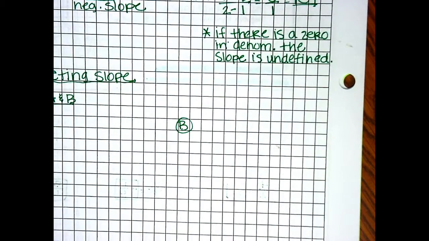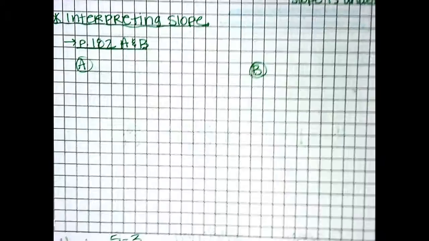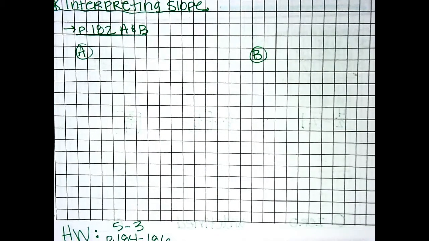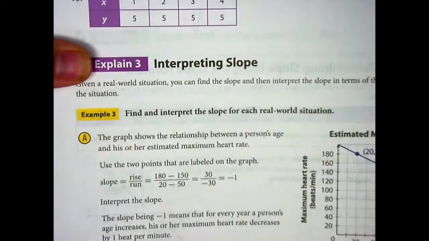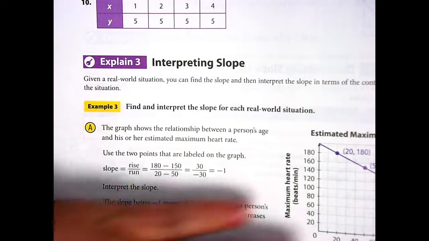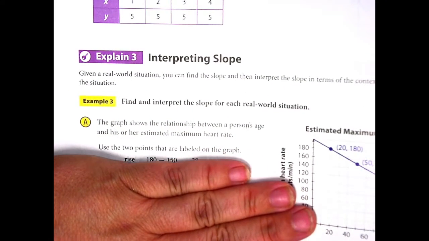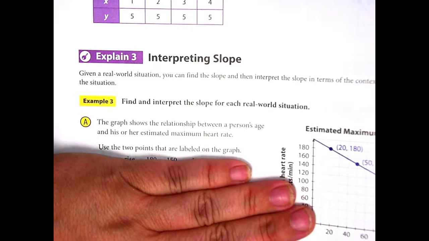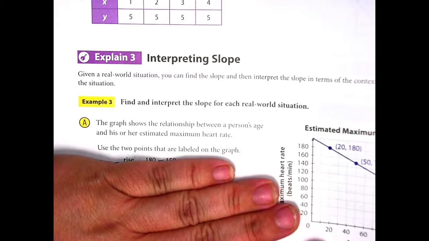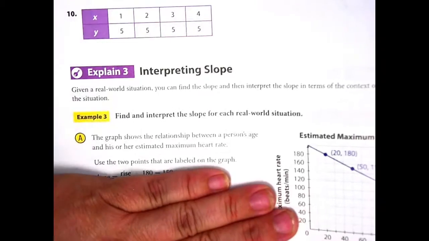Okay, interpreting slope. These problems are found on page 182 in your book. And we're going to do problems A and B. So problem A says the graph shows the relationship between a person's age and his or her estimated heart rate. Use the 2 points that are labeled on the graph.